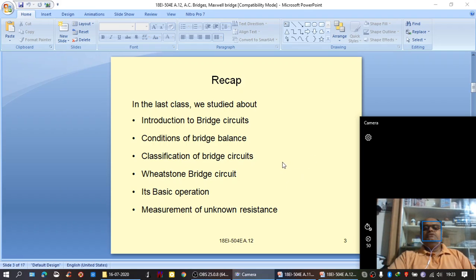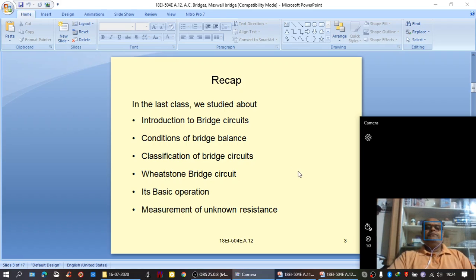So when the output at the bridge circuit is 0, then looking into the basic configuration of the bridge circuit and after analyzing the circuit, we arrived at the conclusion that Z1 Z4 equals Z2 Z3, or in other words, the product of the impedances of the opposite arms should be equal.